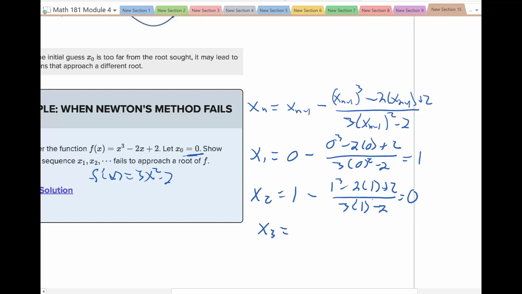If I plugged in 0 before and I got a 1, then I plugged in that 1 and I got a 0, x3 is going to be 0 minus 0 cubed minus 2 times 0 plus 2 over 3 times 0 squared minus 2. It's going to give me a 1 again. And x4, can you predict? It's going to give us a 0. So we're stuck in a loop.